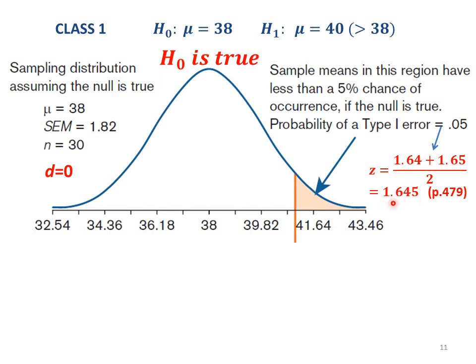So 1.645 is the cutoff value. And to use the formula of the cutoff value, we'll also need the standard error of the mean, since this is the sampling distribution. And the standard deviation is 10, and the sample size is 30, so the standard error is 1.82.